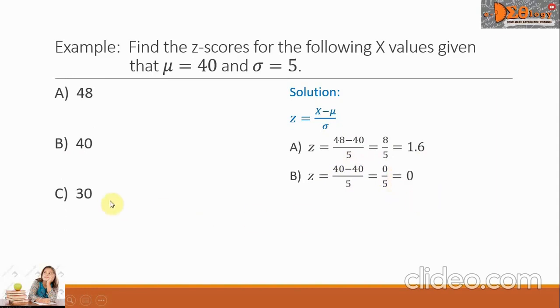Letter C is 30. So the z equals 30 minus 40 all over 5. The difference on the numerator is -10, divided by 5 is -2. So these values of z, we're going to write to each of the problems here correspondingly. Here we go.